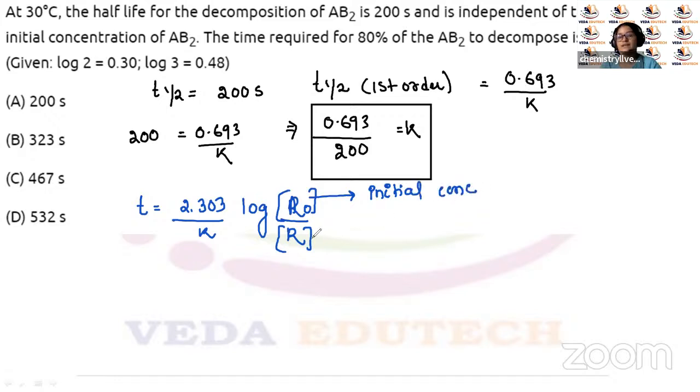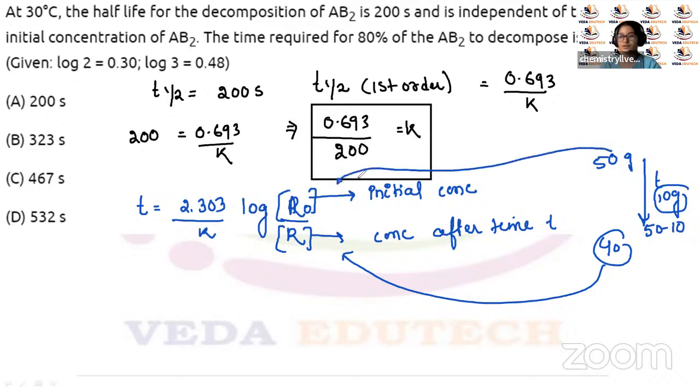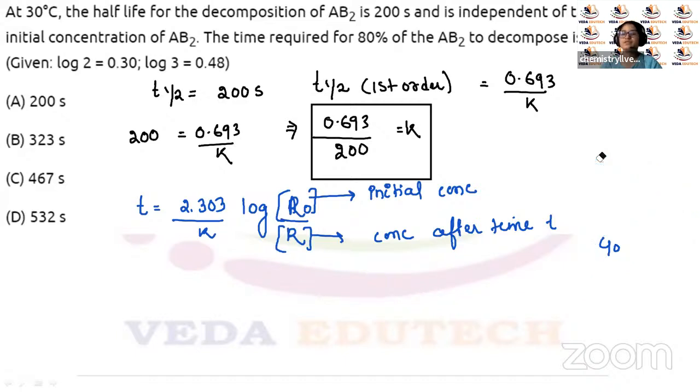This R is the concentration after time T. For example, if I tell you, you had 50 grams and in time T, 10 grams is reacted. So what is the concentration now here? This will be 50 minus 10. We'll not write just 10, we'll write 50 minus 10. So this 40 is going to be your R, and this 50 is going to be your R naught. Clear? So initial concentration divided by concentration after time T. This is the equation which is linked to your first order reaction.